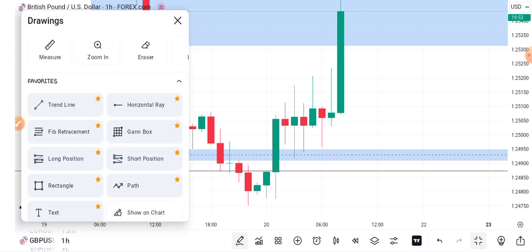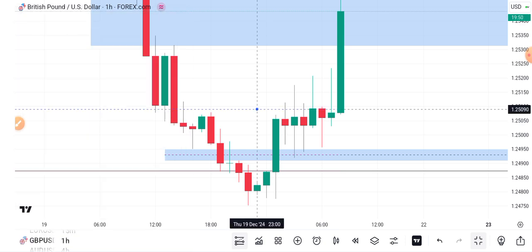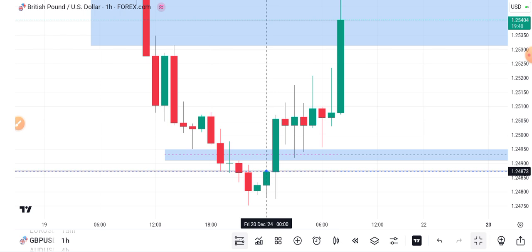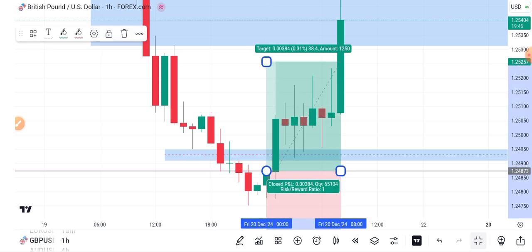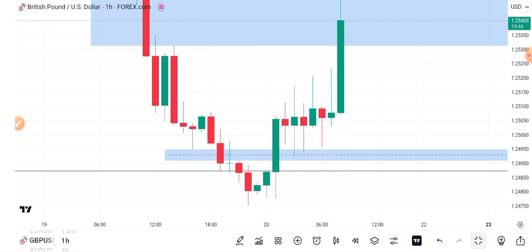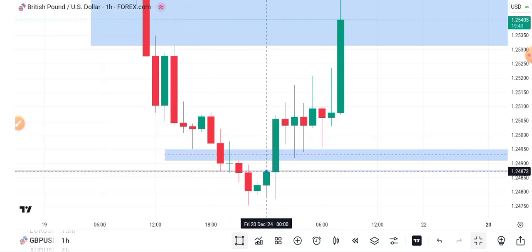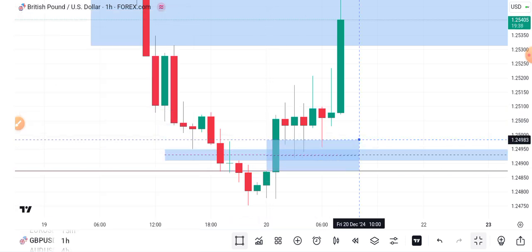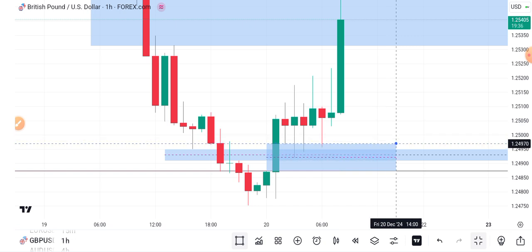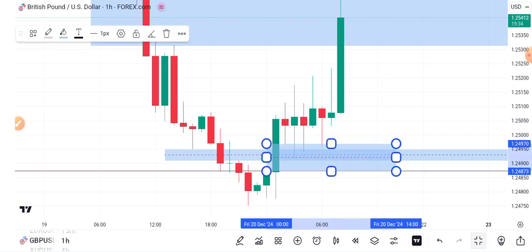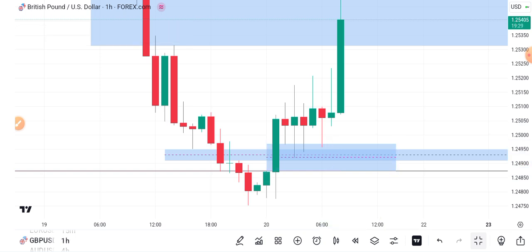I also want to state that this fair value gap too on the 1 hour chart was also useful. Price also traded into it. So most times I want to see an inversion fair value gap and a fair value gap.